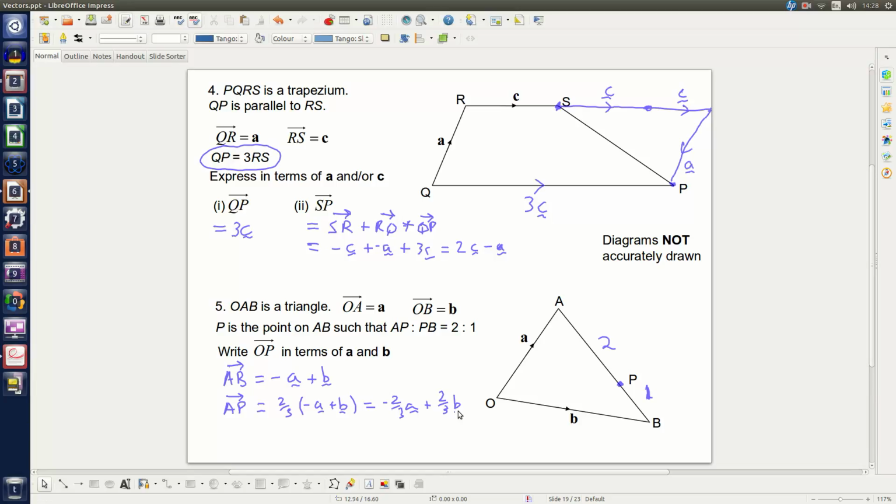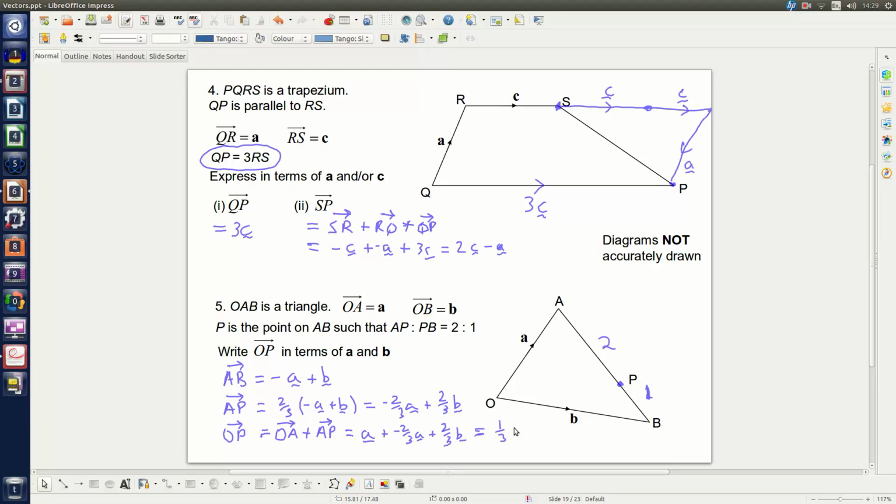Okay, we're now getting very close to the answer, because OP, to go from O to P, I need to get from O to A and then add on the end of that A to P. Well, that's good news, because I've already worked out AP and OA is simply A, so I've just got A plus negative 2/3 A plus 2/3 B. Simplify that and you get 1/3 A plus 2/3 B, and that is the final answer.